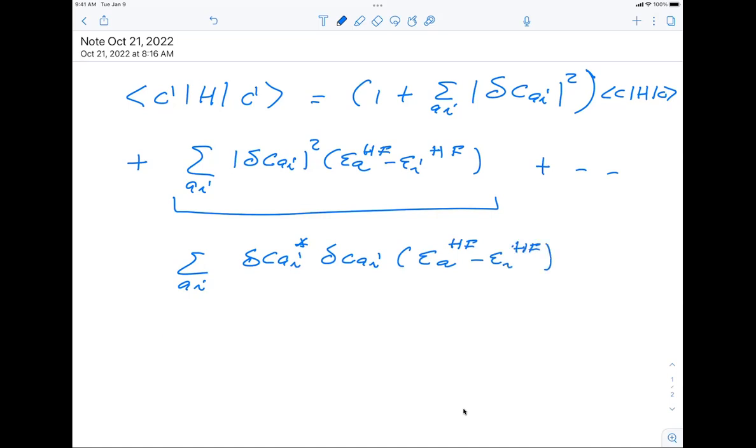You can rewrite it in terms of a sum over AI and BJ. And then you have a delta C_AI complex conjugate, and then we have a delta C_BJ, and then we have this epsilon Hartree-Fock of A minus epsilon I Hartree-Fock.